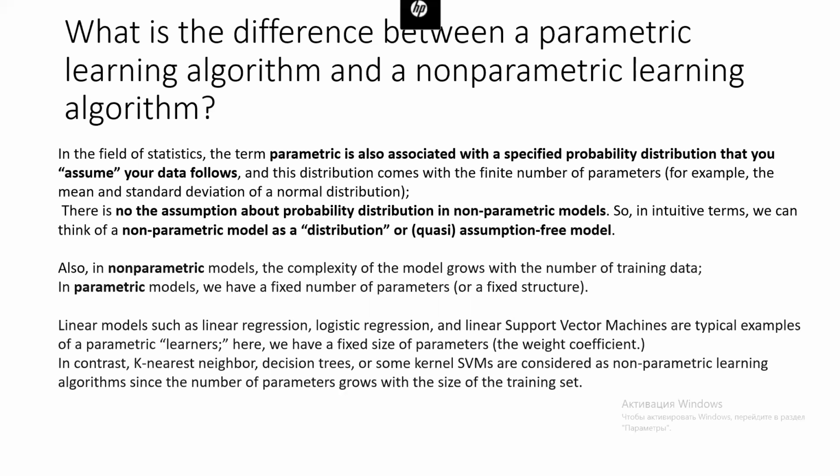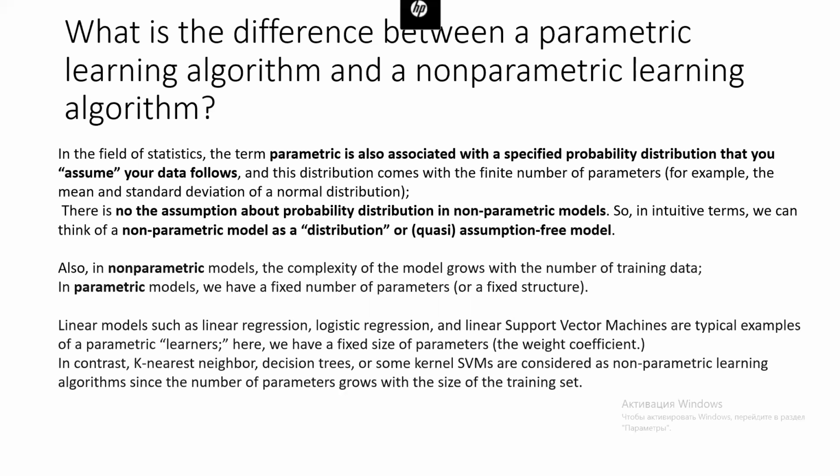But the k-nearest neighbor classifier, decision trees, and some support vector machines with specific kernels, where we estimate distances between objects, are non-parametric learning algorithms. As for decision trees, an intuitive way to understand it is that we create a decision tree with rules.